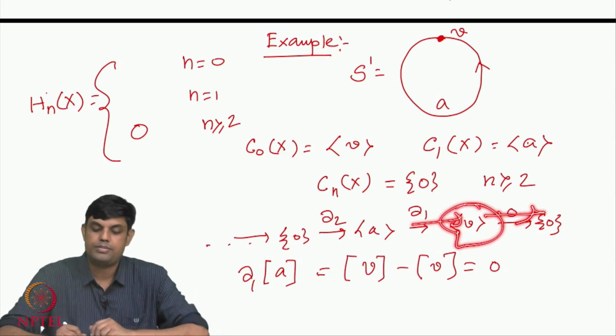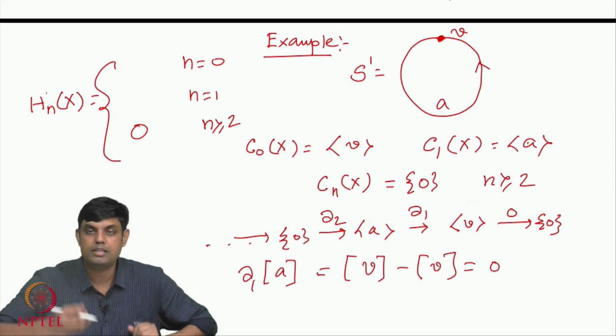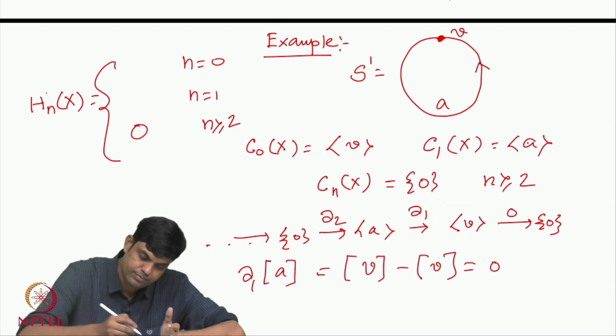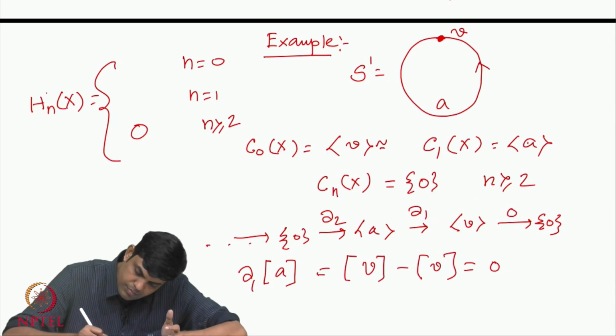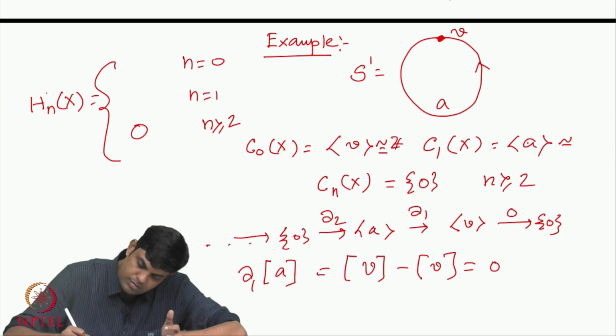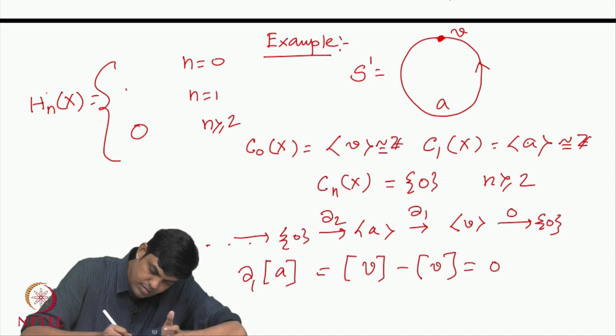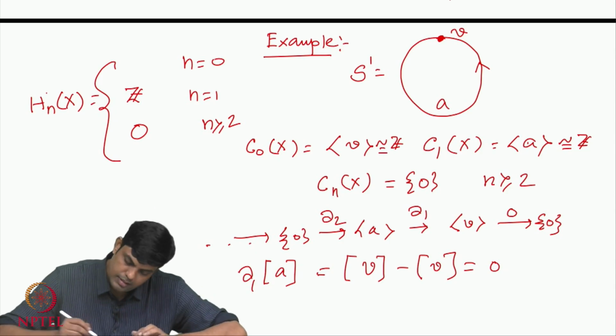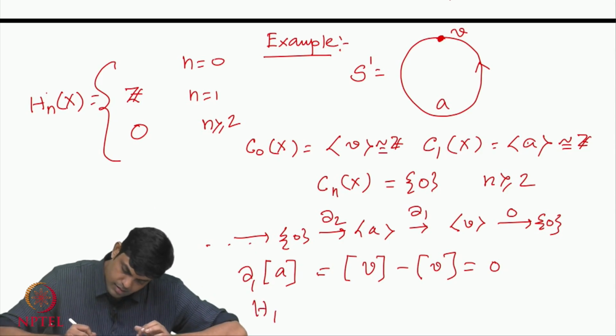So, the kernel is everything, image is nothing. So, kernel by image is just the kernel which is generated by V, which is isomorphic to Z. So, this thing is isomorphic to Z, this is isomorphic to Z. So, this thing is simply isomorphic to Z. Okay.